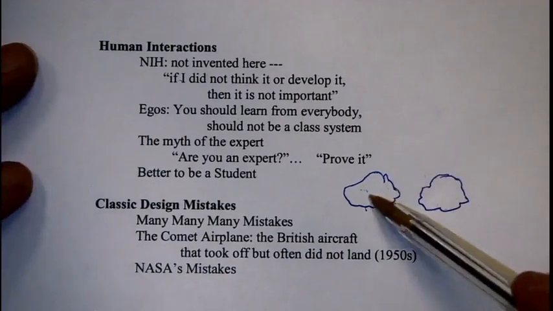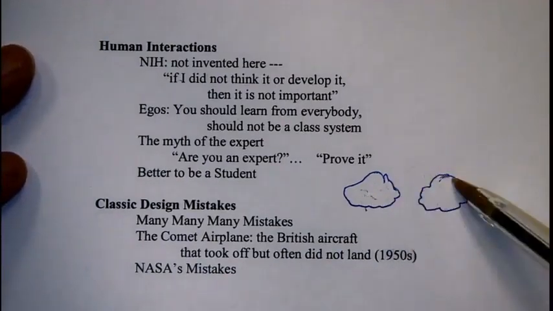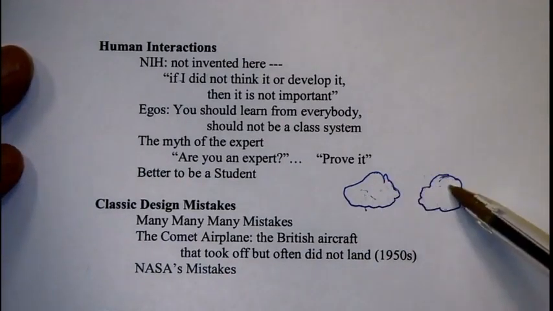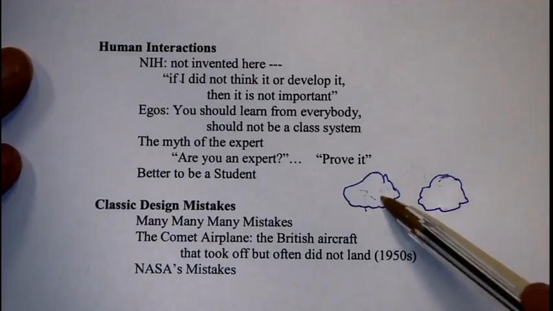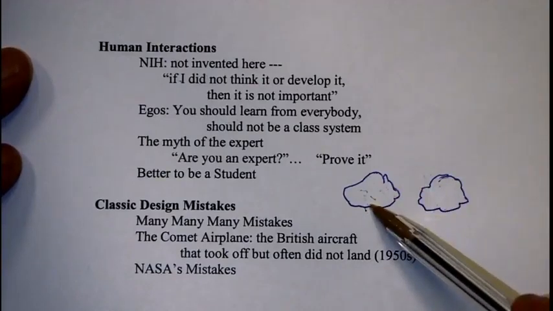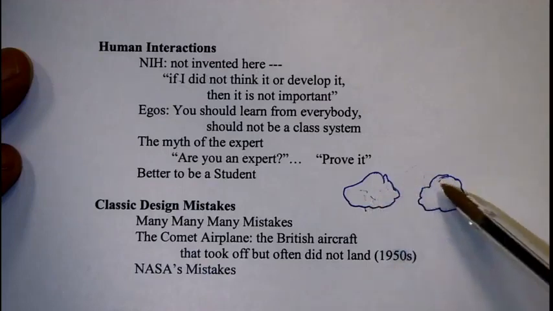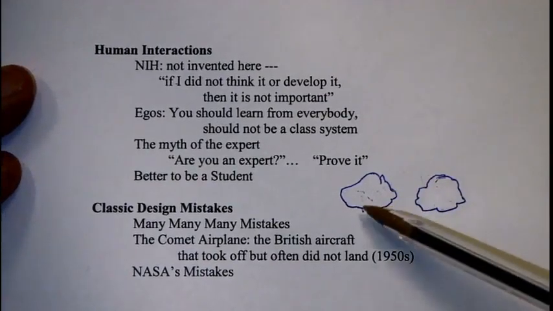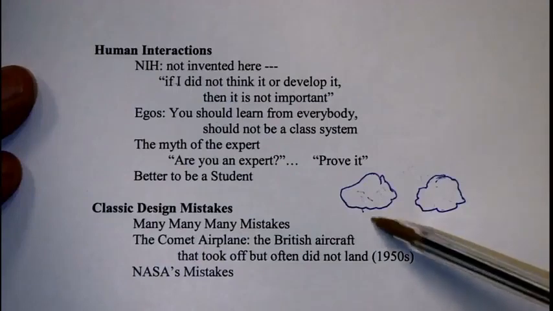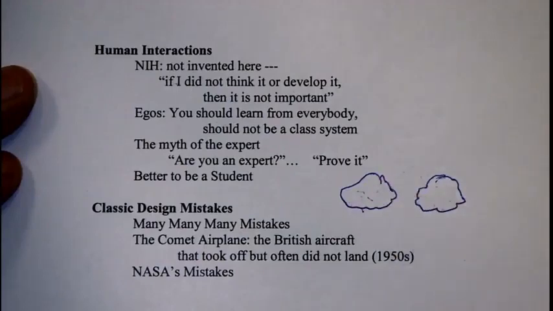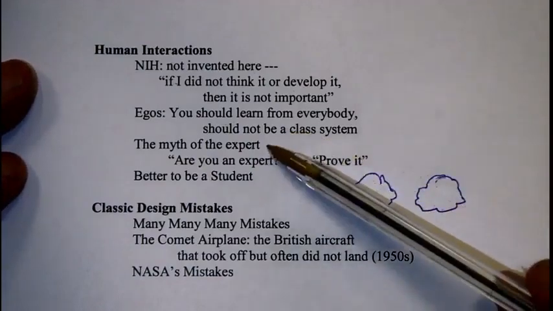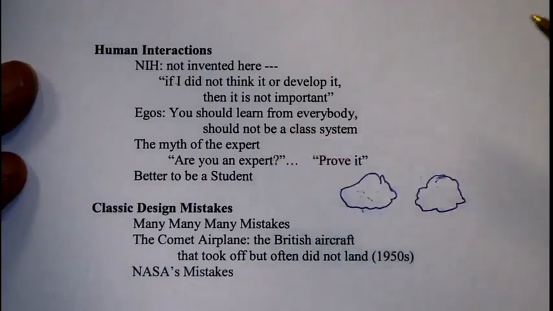And if they have an argument, that means they have differences of what they think. It could be that one of them's wrong and one of them's right. It could be that both of them are right, both of them are wrong, or one of them's right and one's wrong. But if one of them's wrong, then why is it called an expert? So I call this the myth of the expert. There's so many experts out there.